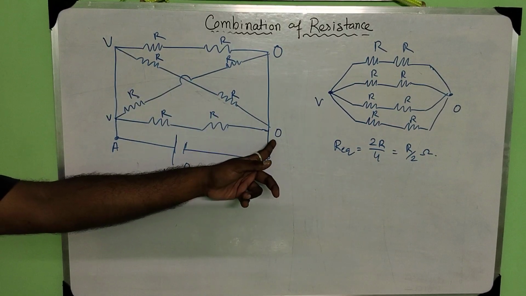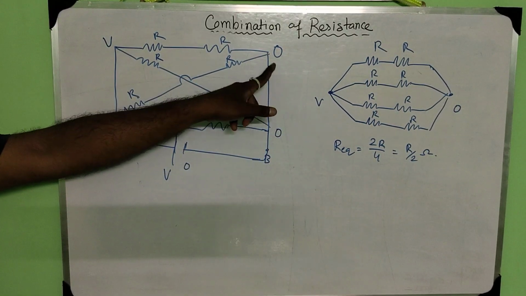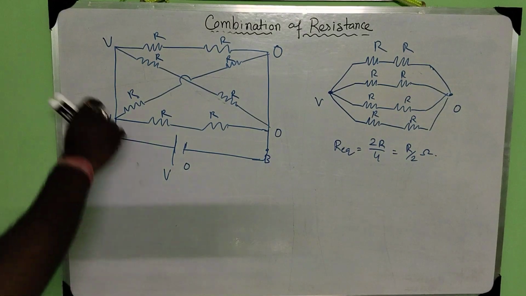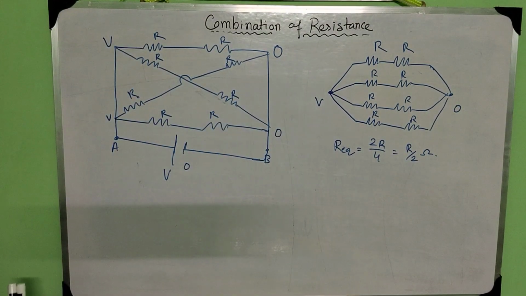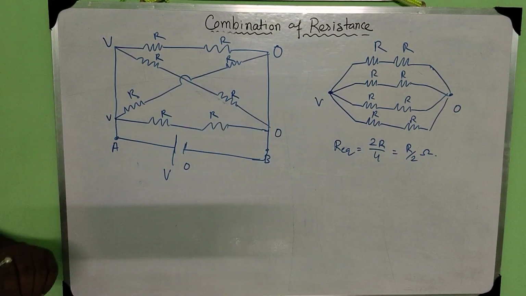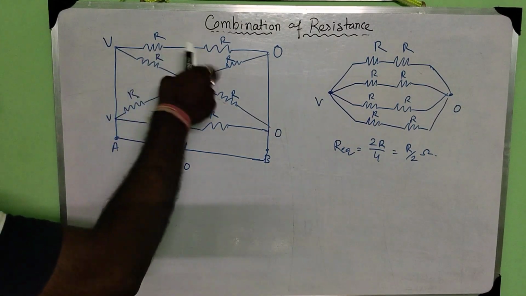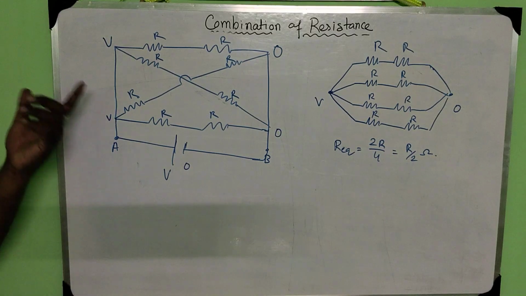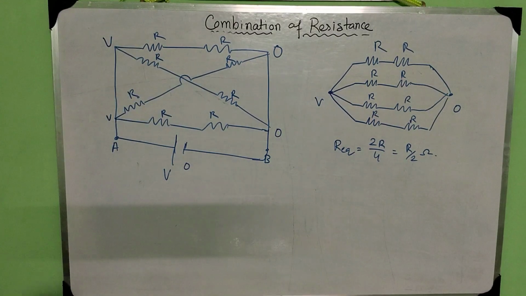If here it is 0 potential, here also 0 potential. So you have to find out each resistance is connected between which potentials. This is the equivalent resistance, and in this way we can find the equivalent resistance with the help of the potential method.